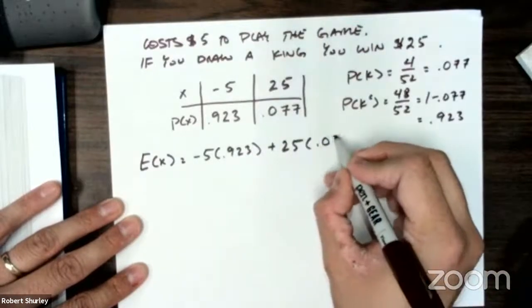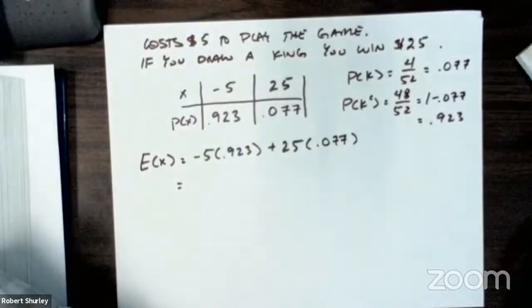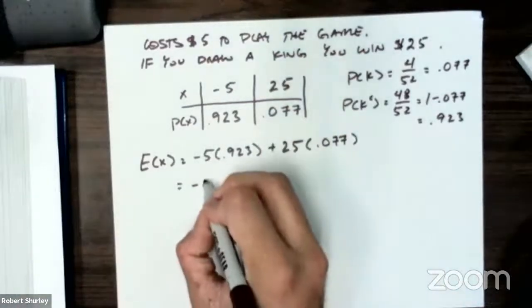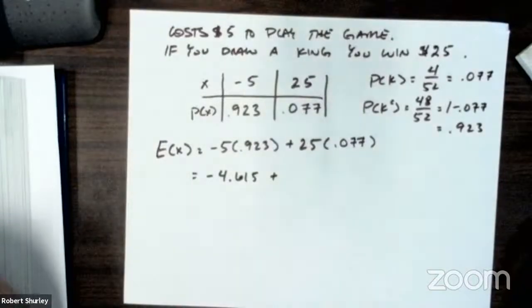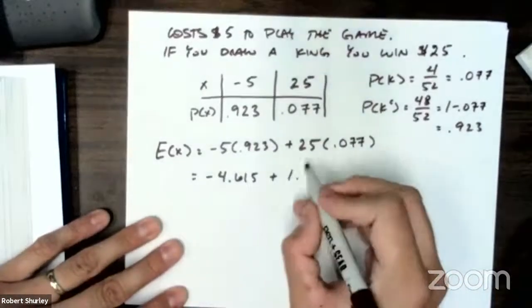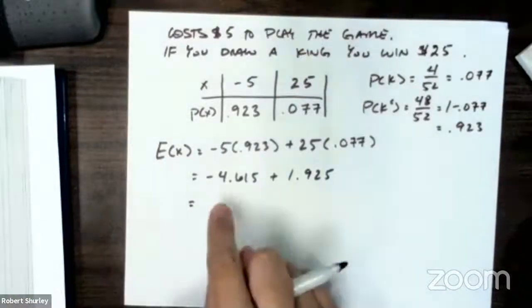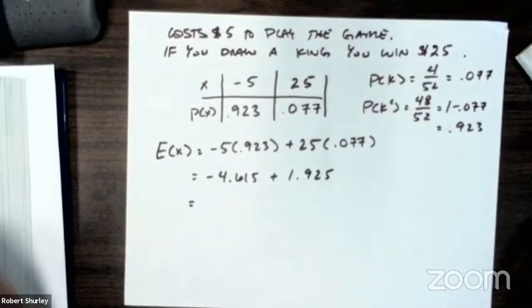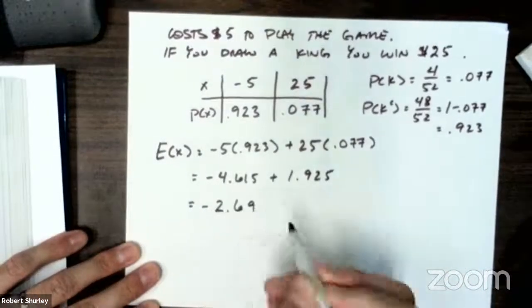So let's see here. -5 times 0.923 is -4.615, plus 25 times 0.077 is 1.925. So if you add those together, really kind of subtract them together, you wind up with a -2.69.